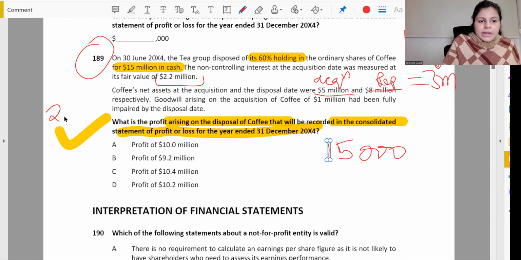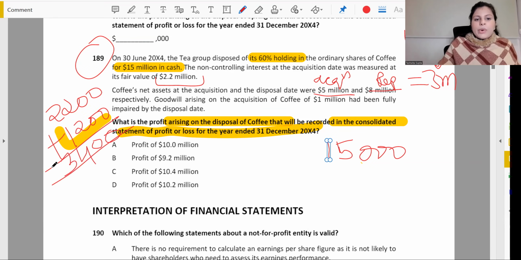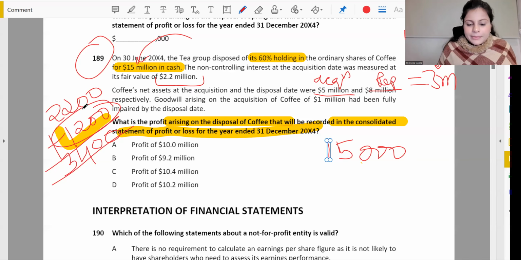So that would be 2200 plus 1200 is my NCI at disposal date, which is 3400. Okay, wait. We are disposing it mid-year, 30 June. Will this full 1200 be added or only 6 by 12 of it?